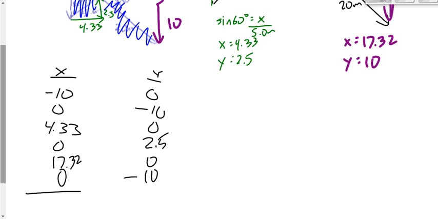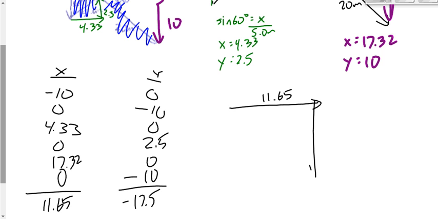Oh, what does that equal? 21.65, 11.65, -17.5. So we draw 11.65, 17.5 down. Do we need to label the negative there, by the way, on the 17? No, the arrow on the vector shows us the direction. We don't need to label it as a negative.